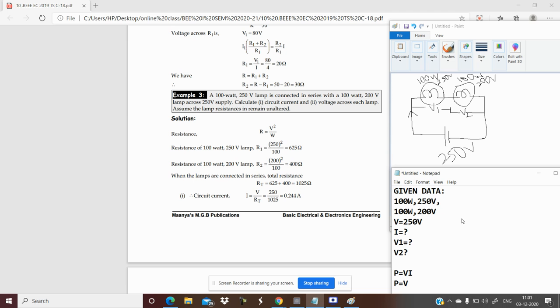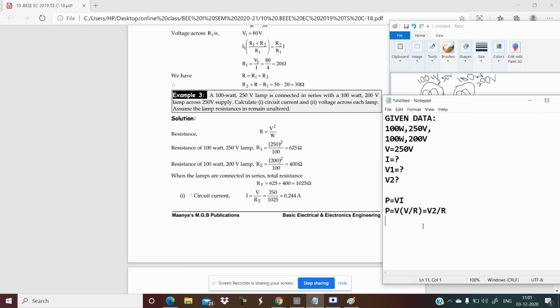In place of I, I will substitute I equals V by R. So from this I will get P equals V square by R. That is not V2, it is V square.